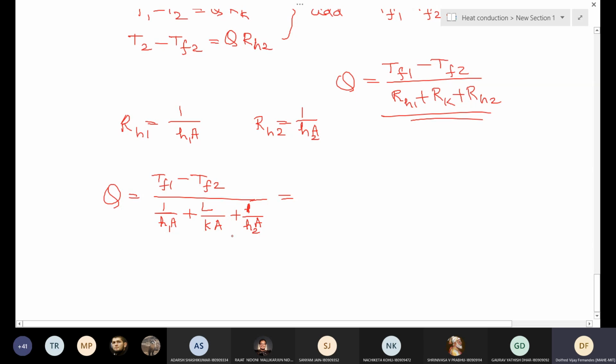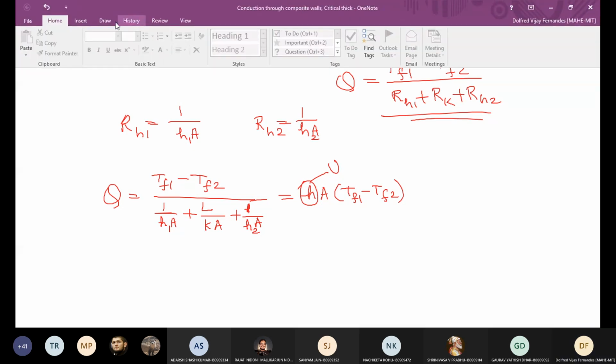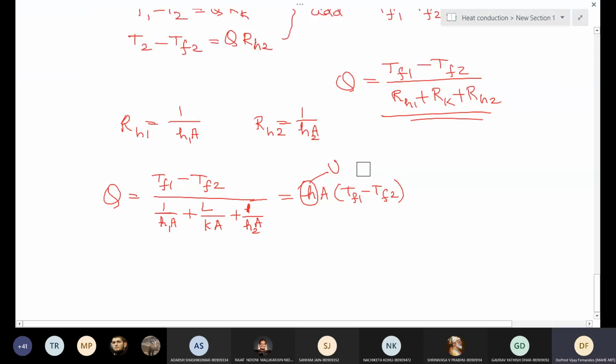Okay, so if I want to write this one in the same form as Newton's law of cooling, for this one I use another symbol, not H but U. Instead of H I will use U now.